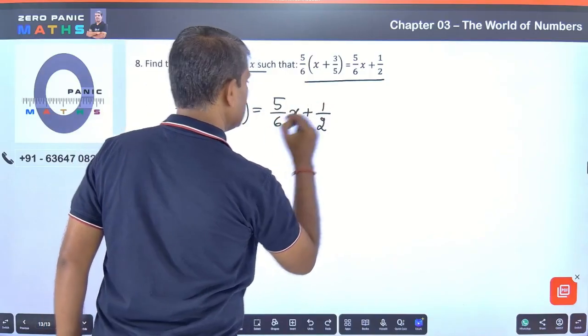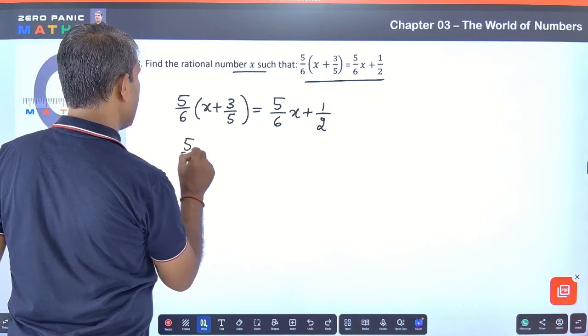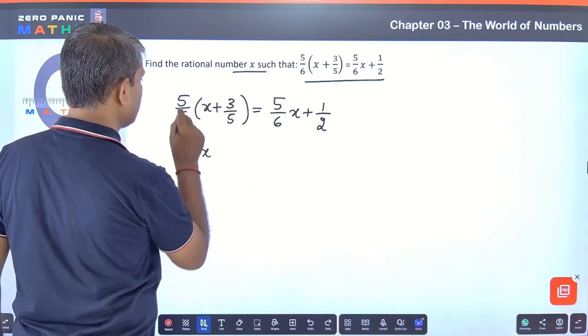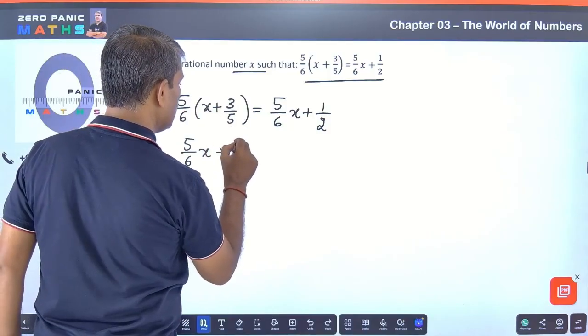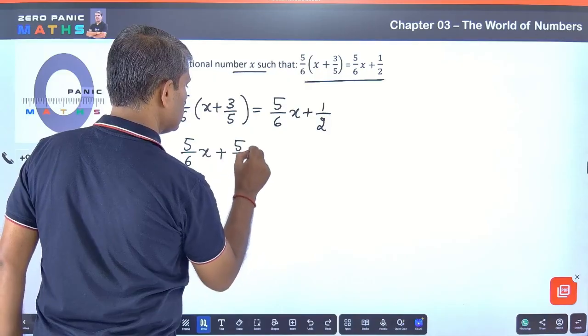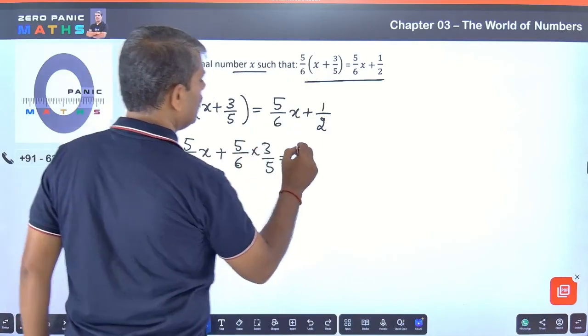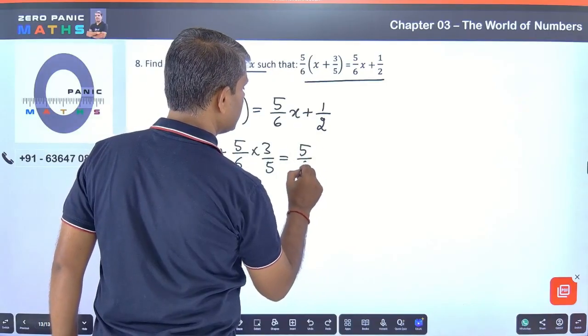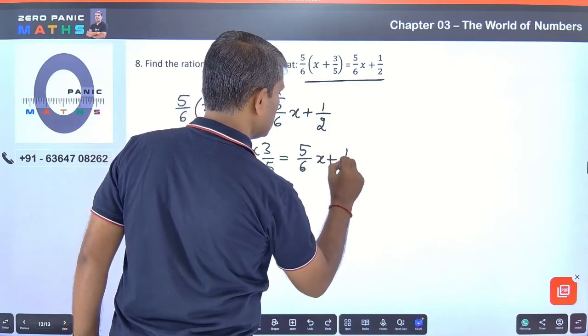Okay, now let me multiply this to the simplified version, that 5 by 6 into x. When you multiply this, it is 5 by 6 into 3 by 5. Okay, and no change in this, 5 by 6 x plus half, 1 by 2.